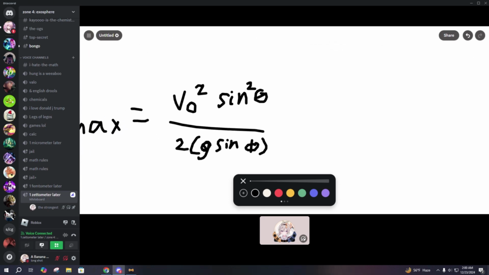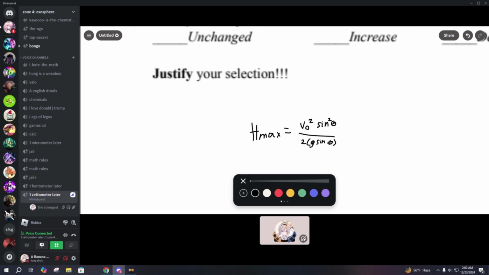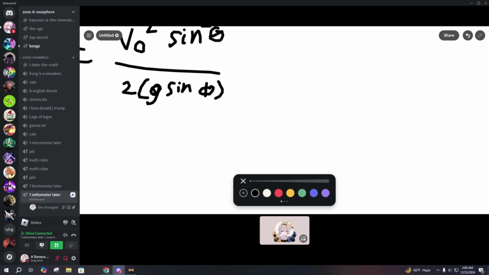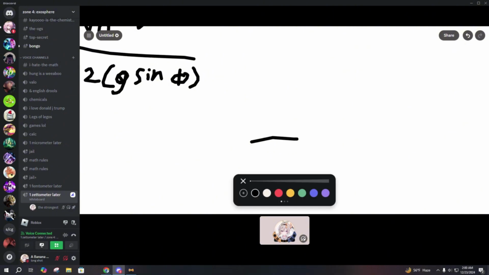So, with this Hmax equation, I know that as the angle increases, the lowest the ramp can be is just a little bit above 0, and the highest the ramp can be is angled at 90 degrees, right? And as per our unit circle, as we go up this degree, it's going to go from 0 to 1.